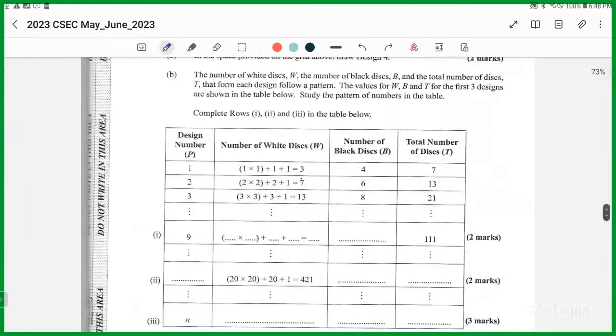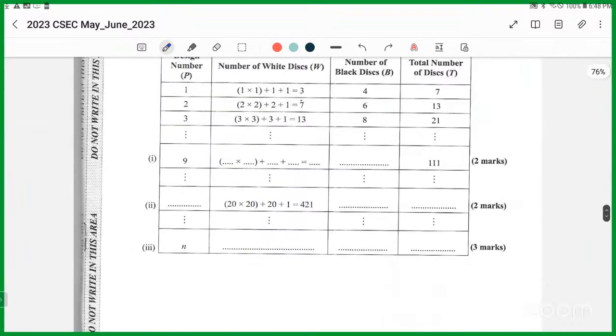Look for patterns in the formula, especially if they're adding the same number each time. So we need to see what the pattern numbers are in this formula. You can see the pattern numbers here, and here again, and here again. We're going to fill out this line first, as usual.